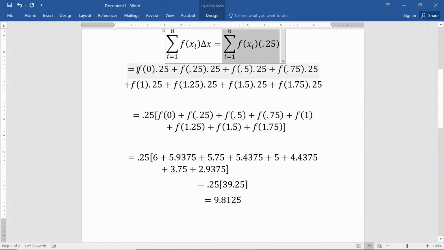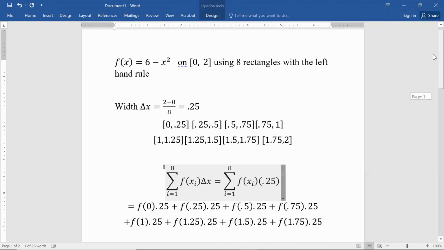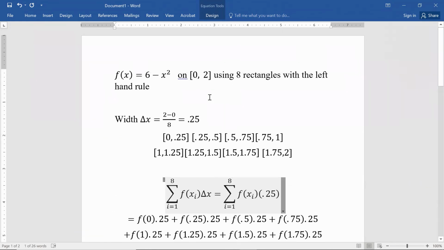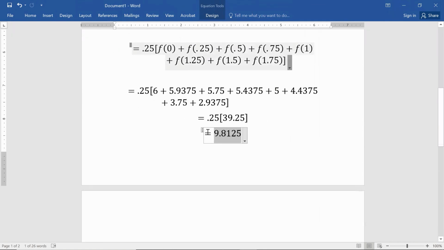So this Riemann sum is a compact way to write this thing. And when I calculate it out in this example, I get an approximation of 9.8125. So there you go. That's how you use a Riemann sum, both notationally and calculating the actual number approximation.